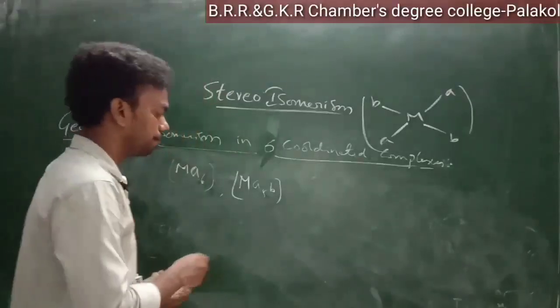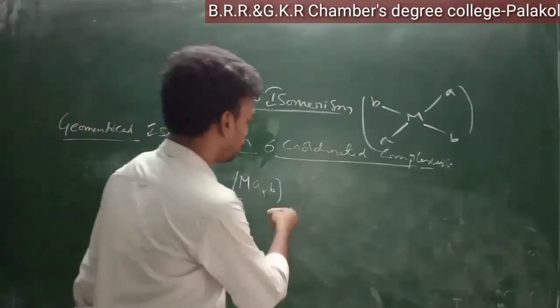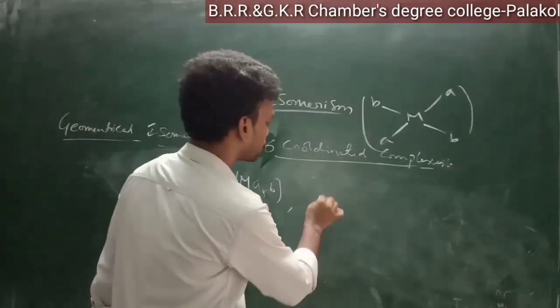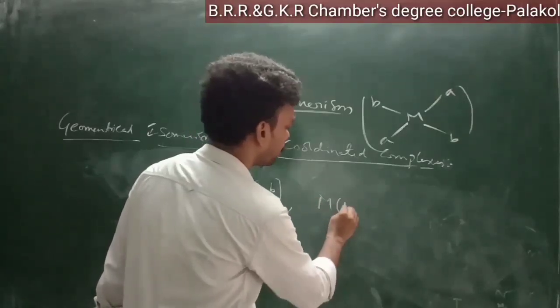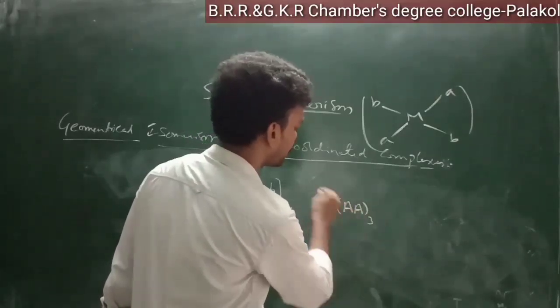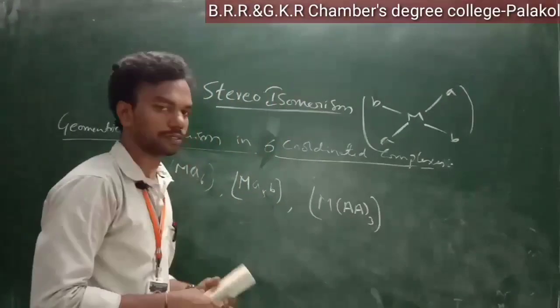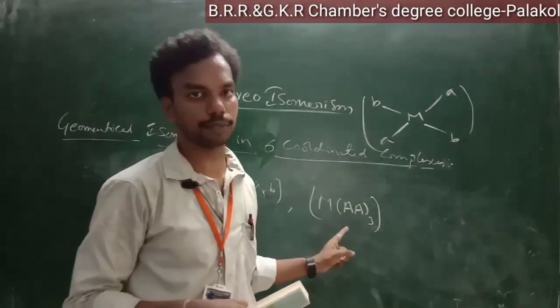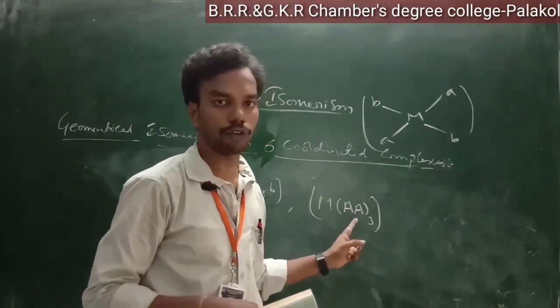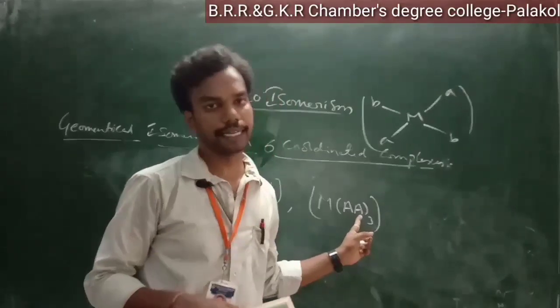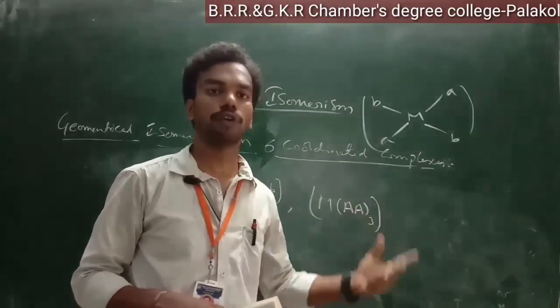Next, complexes of the type M(AA)3. This complex is also not showing any geometrical isomers because AA means bidentate ligands having the same donor sites.